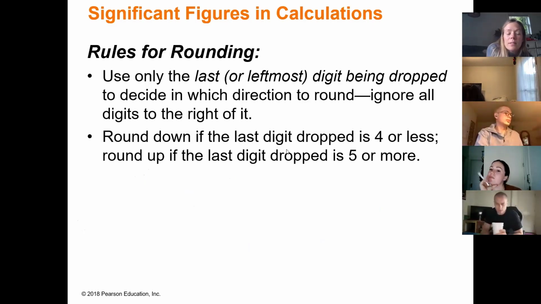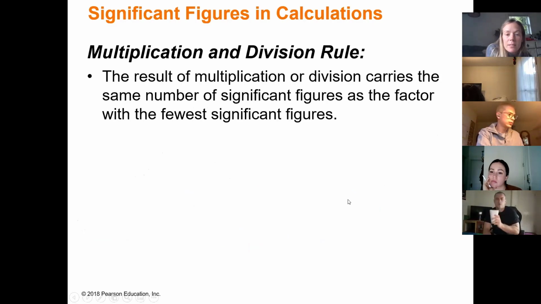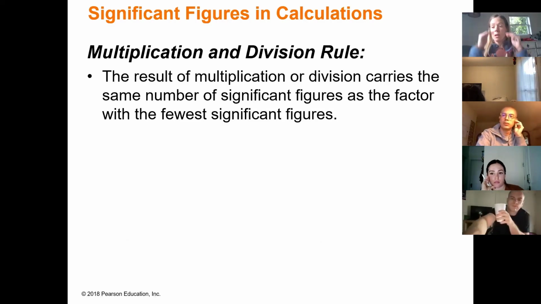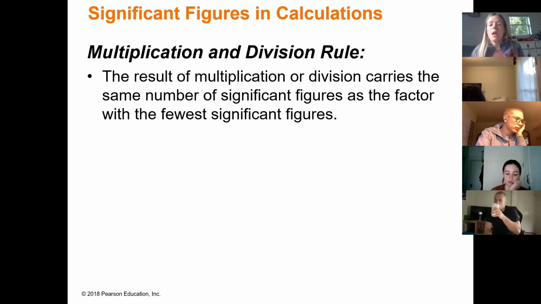So why do we care about rounding? Well, when we're doing calculations in science and we have 2 numbers that we're going to multiply or divide together, multiplication and division are at the same level in our order of operations. They're like brother and sister, or opposites of each other. Anytime you multiply or divide numbers, the resulting number will have the same number of significant figures as the factor with the fewest significant figures.